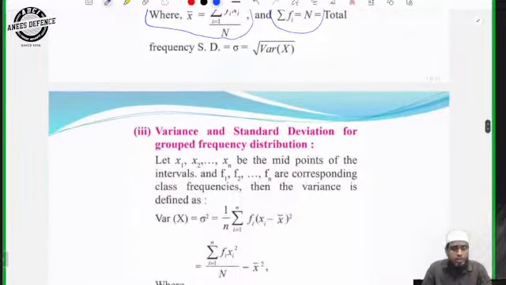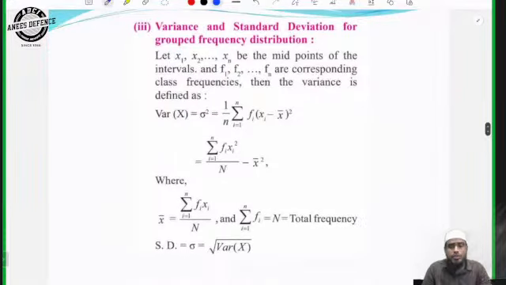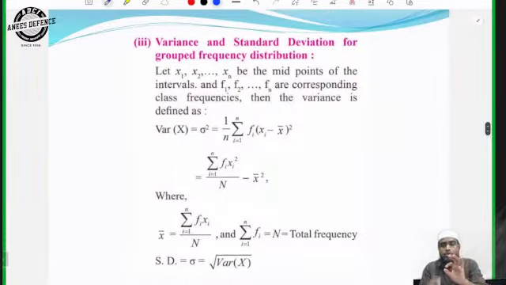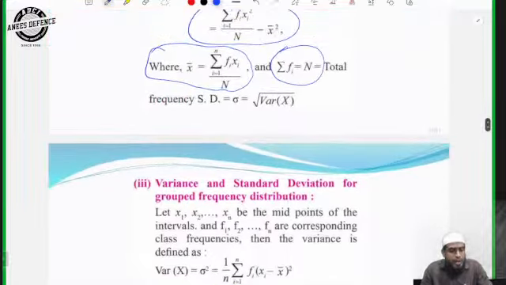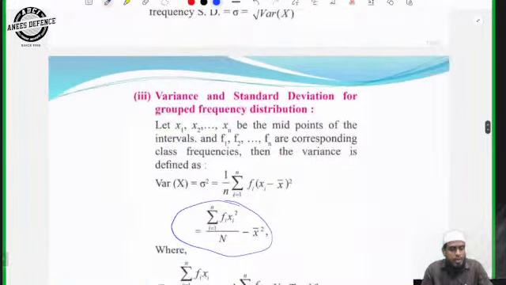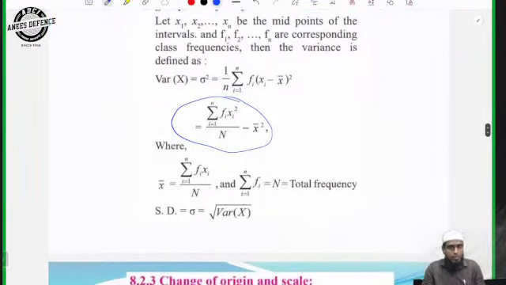For grouped frequency distribution, the observations x1, x2, x3, etc. are represented as the average of each class. Here also we can use the same formula. So we have variance or standard deviation of raw data, of ungrouped data, and of grouped frequency distribution.